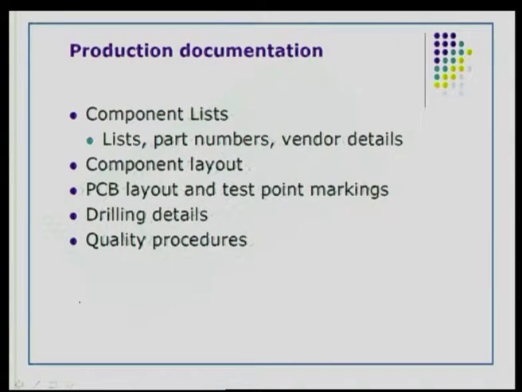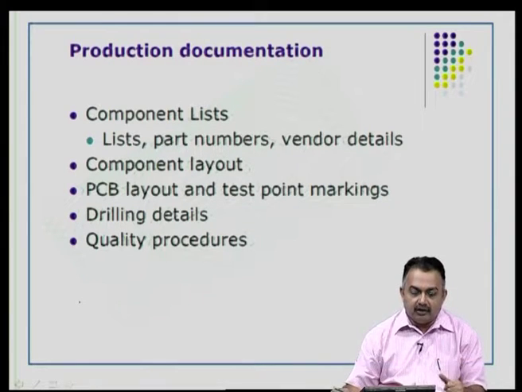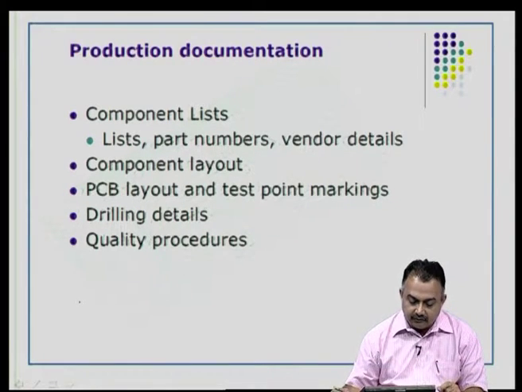In any project, whether it is a student project or an industry project or a research project, you have to do a lot of documentation. So, you can generate the following documents from your CAD software tool.